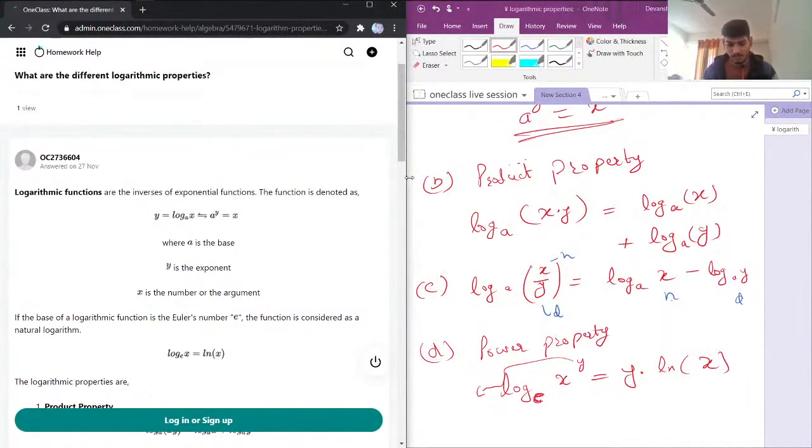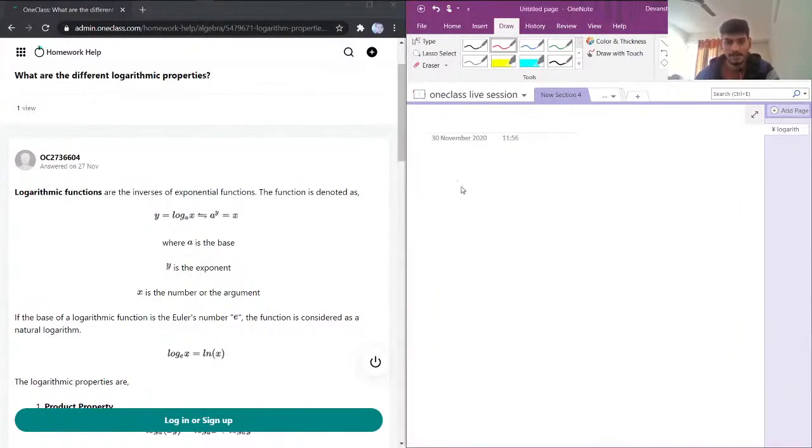There is one more property of log. Suppose we want to change the base of a log, it is called change of base.